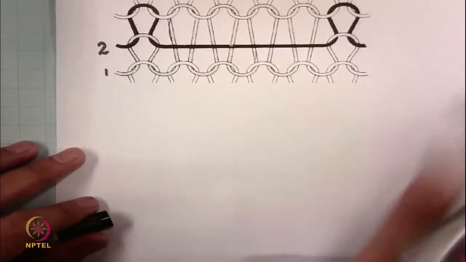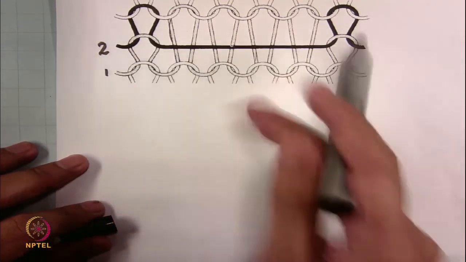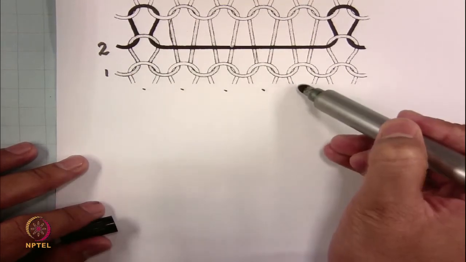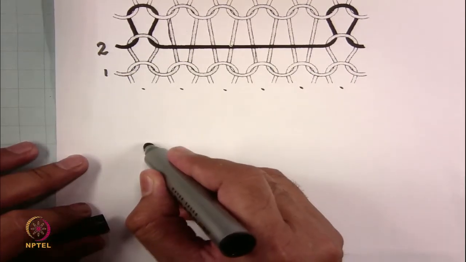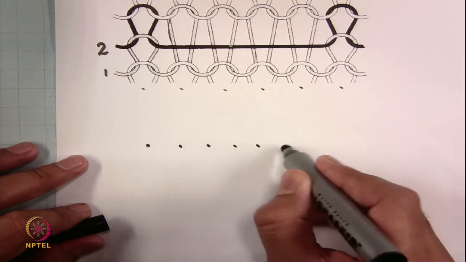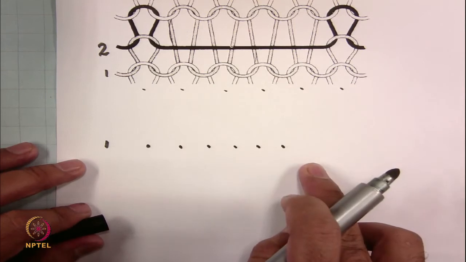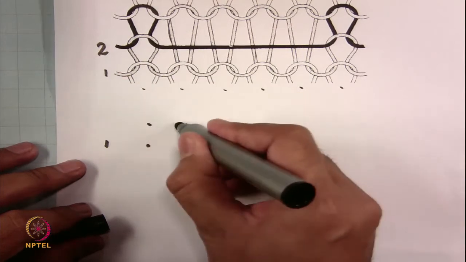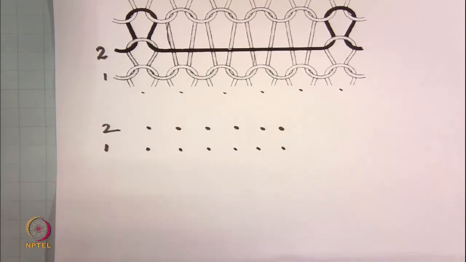So, we just need one row of needles, and we count the columns: first column, second column, third column, fourth column, fifth column, sixth column. So, 6 needles have participated. You can take 6 needles 1, 2, 3, 4, 5 and 6. This is for the first course. In the second course also all those 6 needles have participated, so for the second course we are again showing 6 needles.